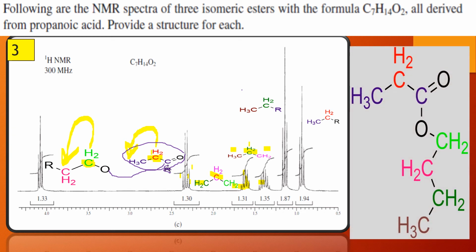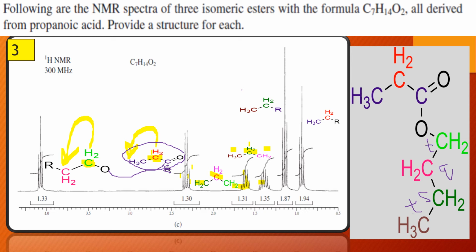So this is basically the structure. You can see CH3 attached to CH2 and CH2 and CH2. So you can see that this one will give us a triplet, right? And it would give us a sextet, and it will give us a quintet, and it will give us a triplet, right?